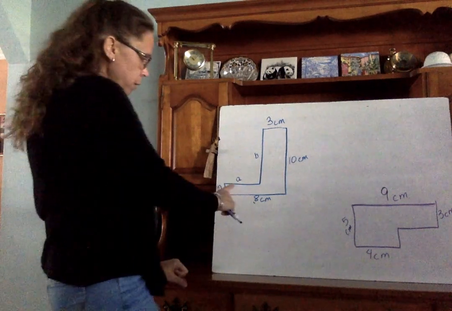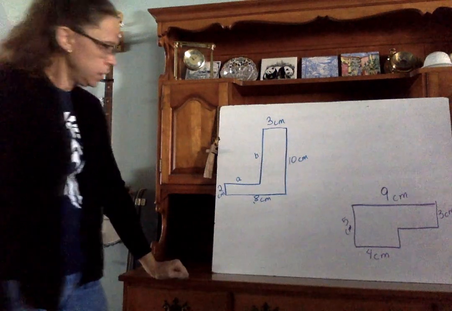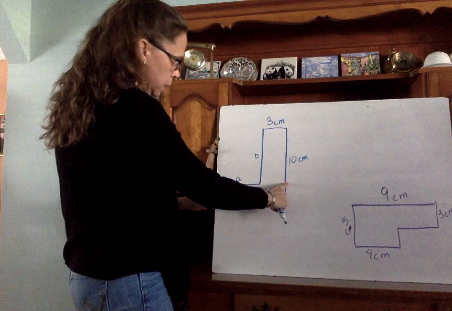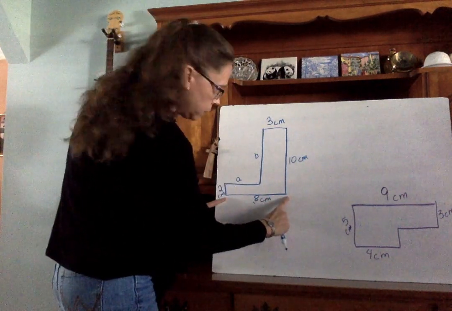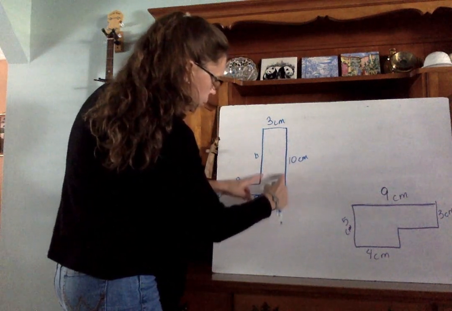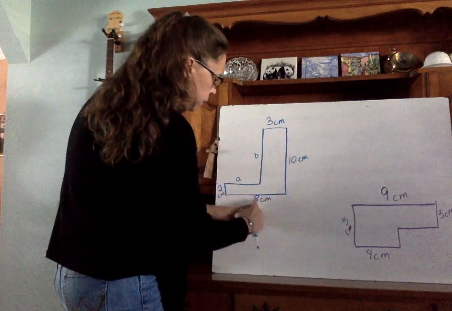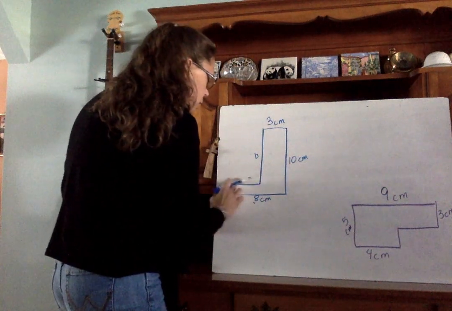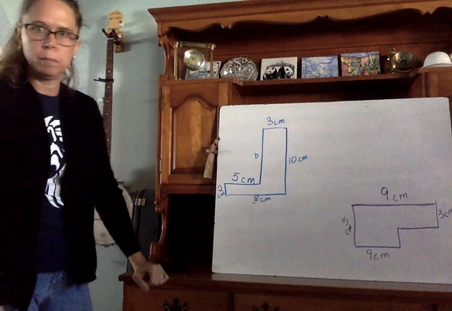Okay, so I need to figure out the length of A and the length of B. Okay, so A is here. Now, if it was complete, it would measure 8, just like this down here does, right? But it's not complete. This part is missing, and this part measures the same as this, which is 3, right? So if the whole thing would be 8, take away the 3, that means that the A section has to be 5 centimeters.